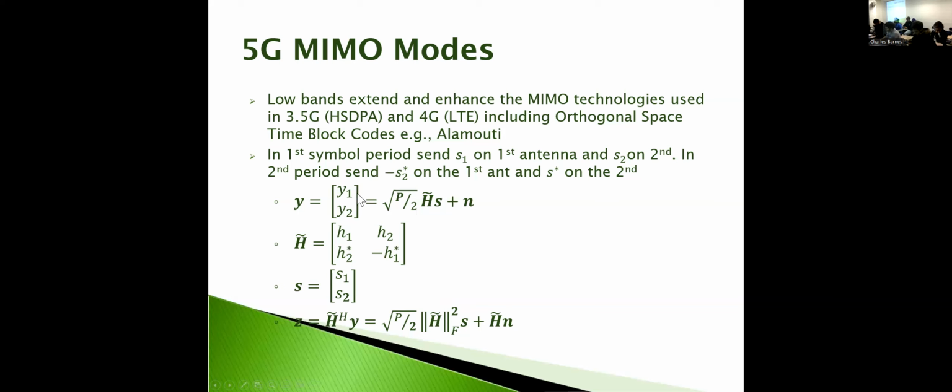So in the first time period, we're going to send each symbol, but on separate antennas. In the second period, we're going to send minus the complex conjugate of symbol 2 on the first antenna. So we're going to swap antennas, and we're going to send the complex conjugate of symbol 2, but we're going to take the negative of that.